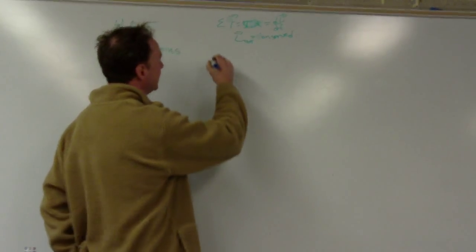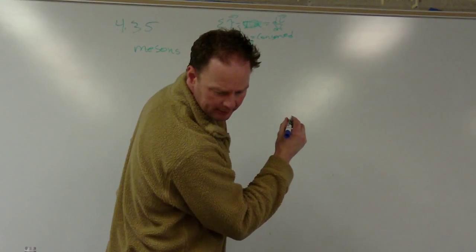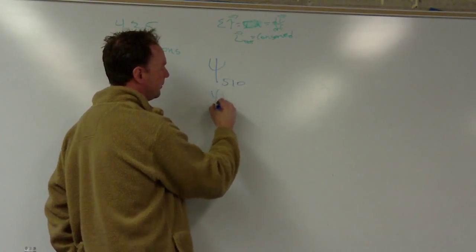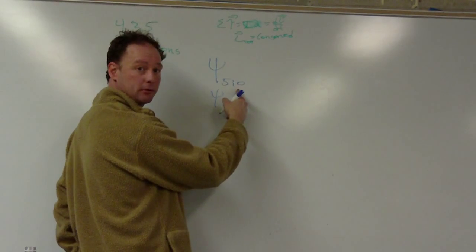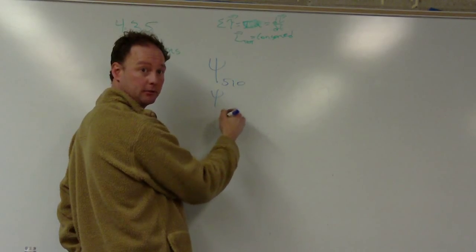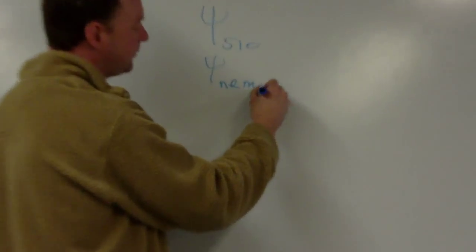Okay, so the next one is, I have a hydrogen atom with a psi given by 510. Okay, so remember, these are the 3 quantum numbers of a spherical problem, so 3 degrees of freedom. You need 3 quantum numbers. This is n, l, and m_l.